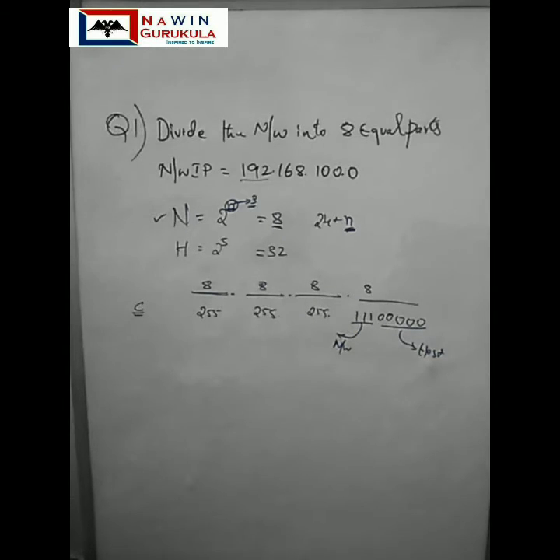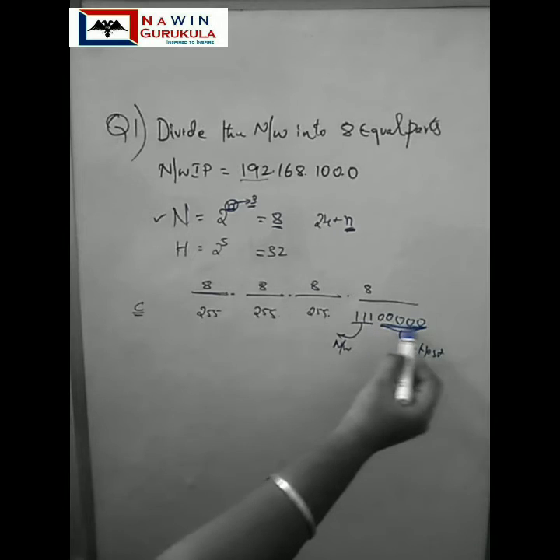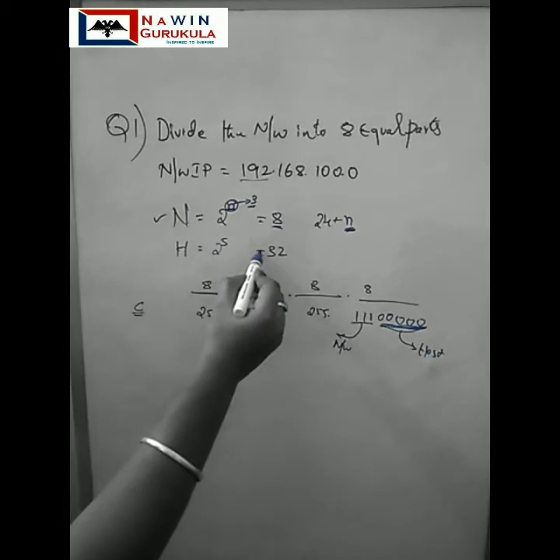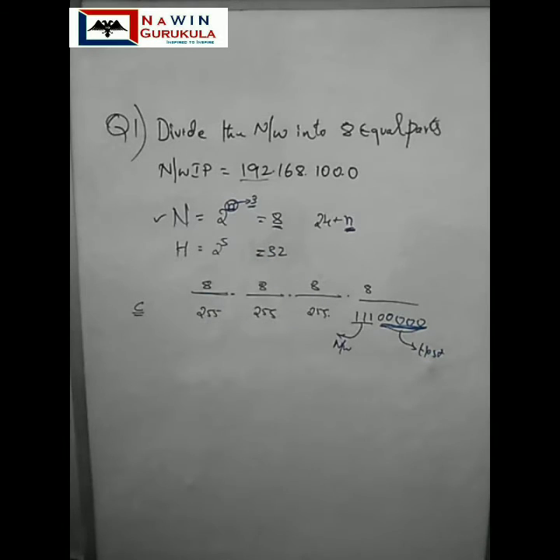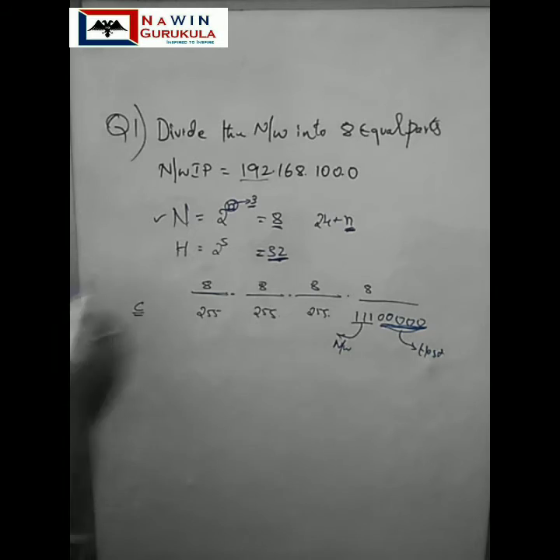The second question asks how many hosts we will get in one subnet, which means how many zeros are available in the host part. So 2 power 5 will give us 32. That means a total of 32 IPs are available in a single network.